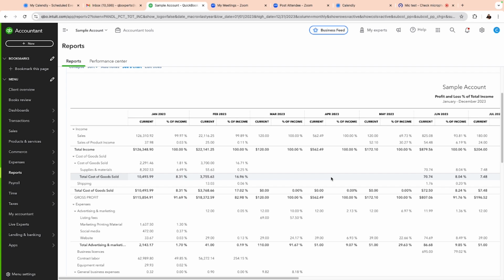Now, of course, if you have an inventory management app or something like that, and you have more accurate information, you want to be able to do a journal entry and spread that expense through the months. That's the best way for you to do that. This way you're going to understand exactly what's going on with your business instead of just seeing everything at once.